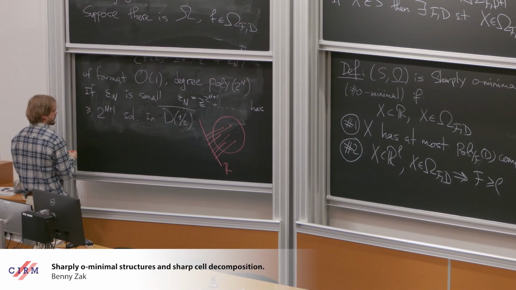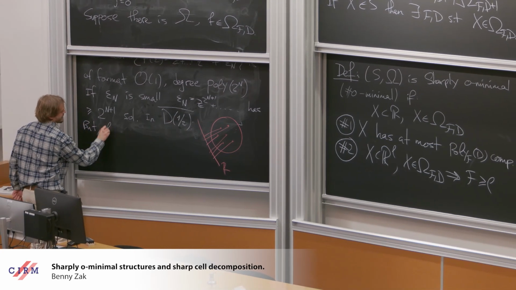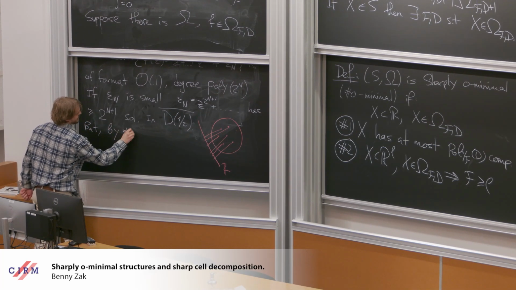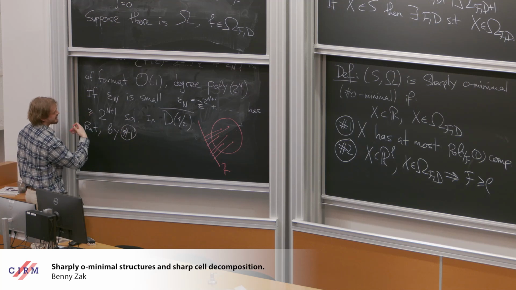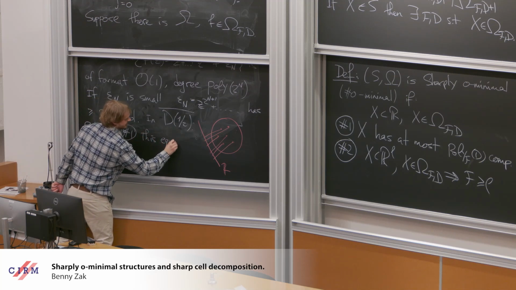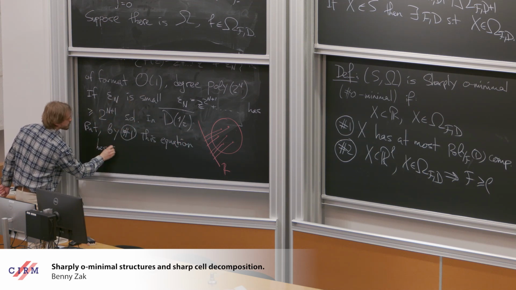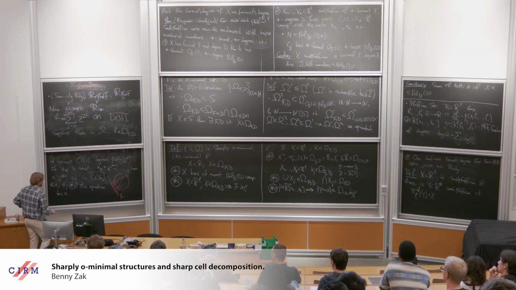Now, by sharp 1, this equation has at most polynomially in the degree many connected components.